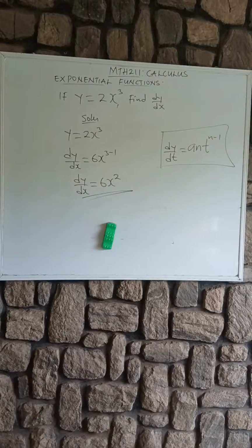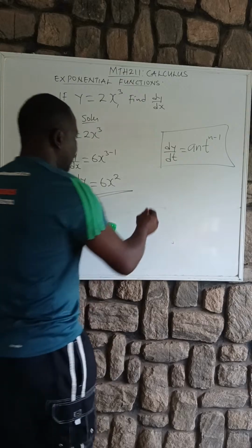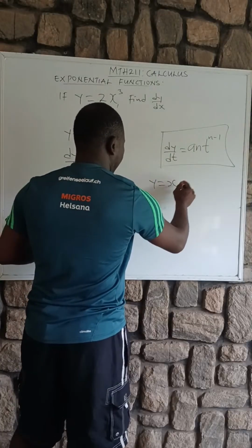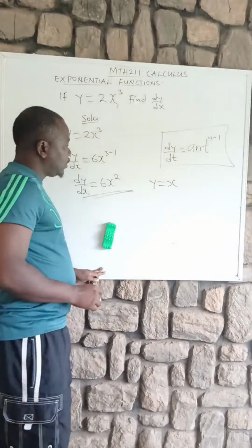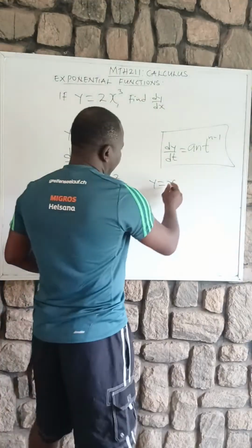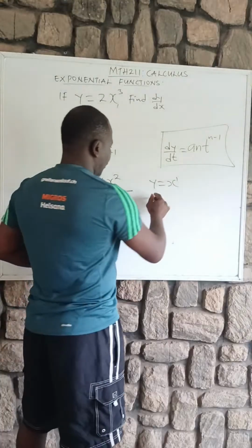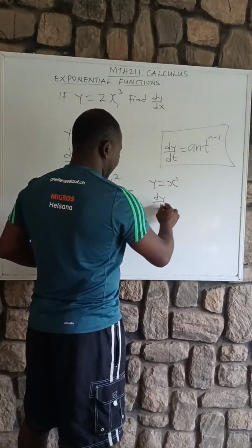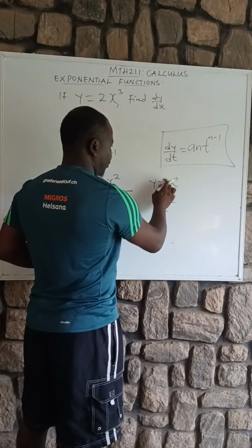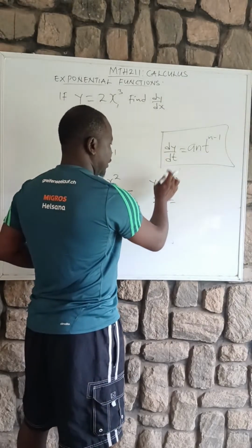Now we want to consider exponential functions. If you are asked to differentiate y equals x, the power here has an invisible 1, true or false? So dy over dx is equal to: use this 1 to multiply the invisible 1 here, it's the same thing.